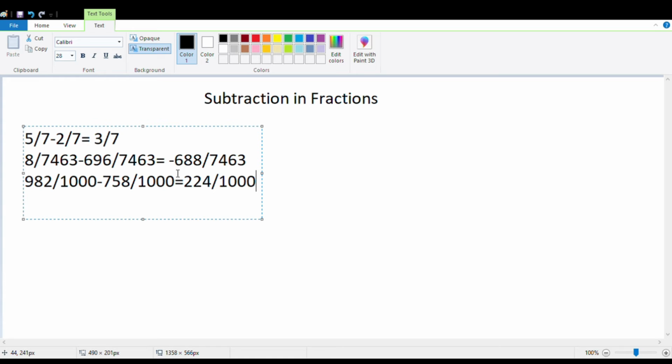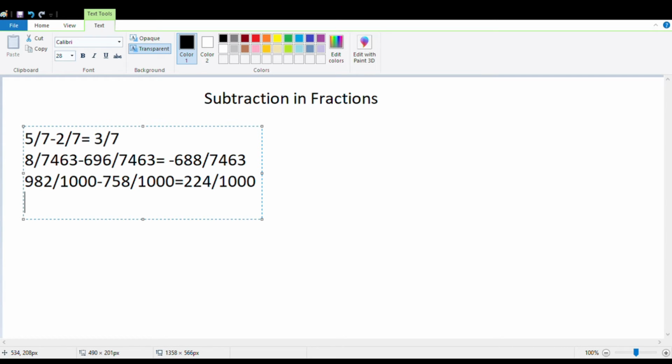If you add them, it'll become a mixed fraction, but when you subtract, it'll stay a proper fraction. 982 subtracted by 999, or the other way around, will always equal 17 or minus 17, which is much less than the denominator. So the result of subtracting fractions is usually not a mixed fraction.